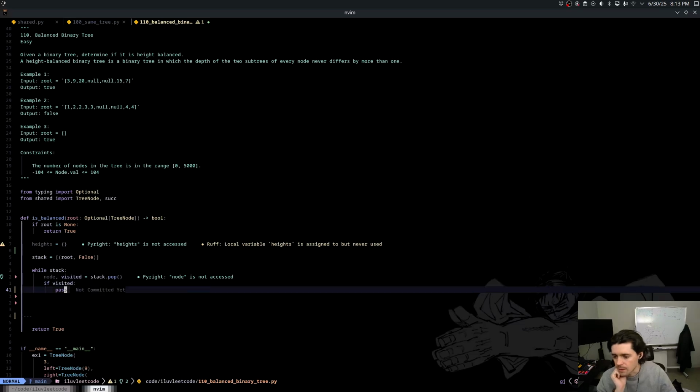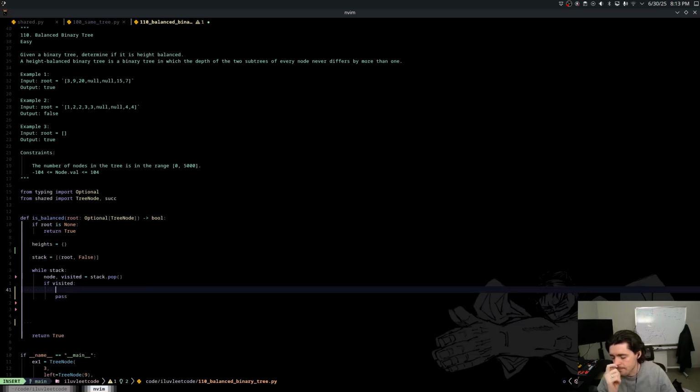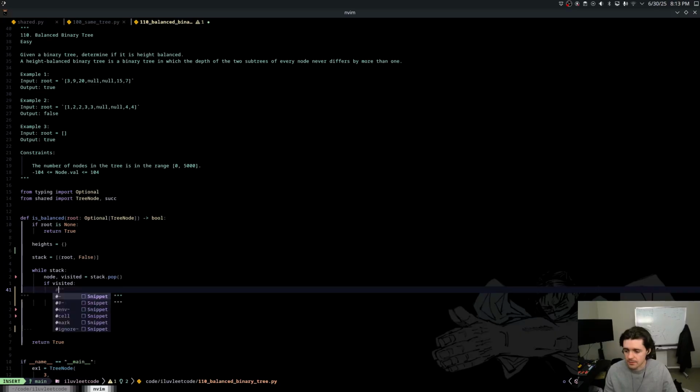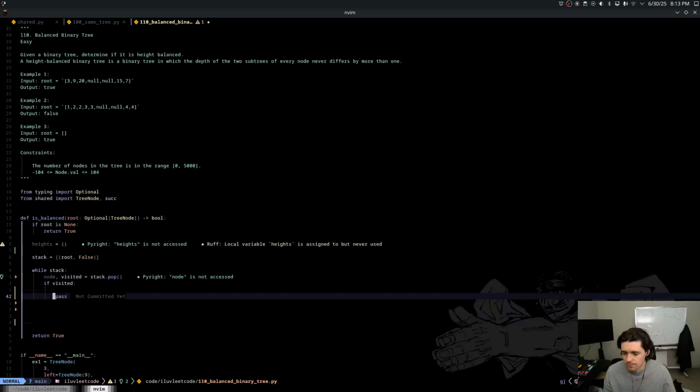So if we get the visitor here, this is when we will be computing the lengths. We compute the height of the current subtree by referring to the height of the children subtrees. But for now, let's just move on.